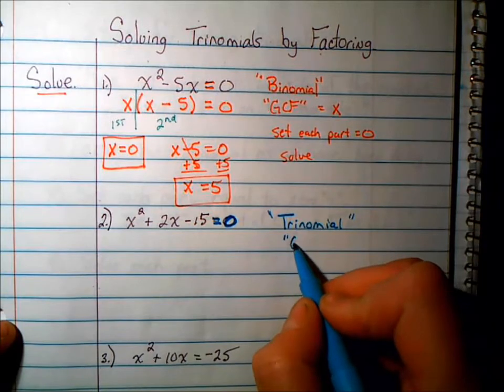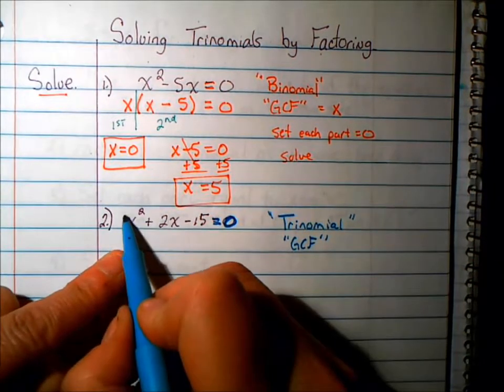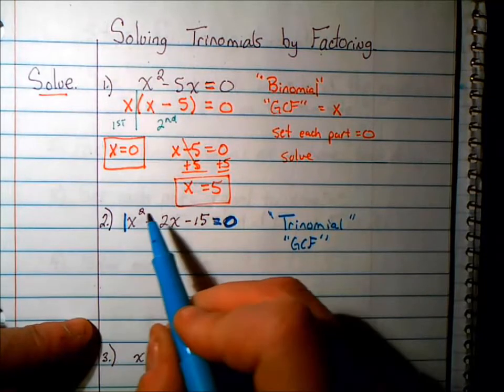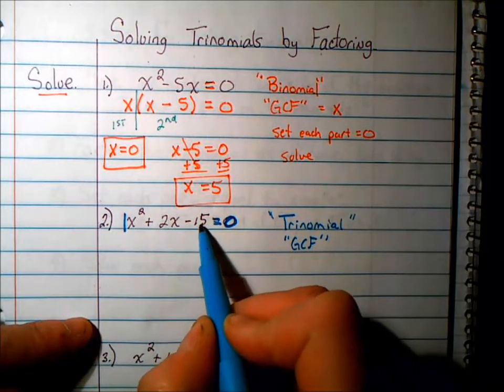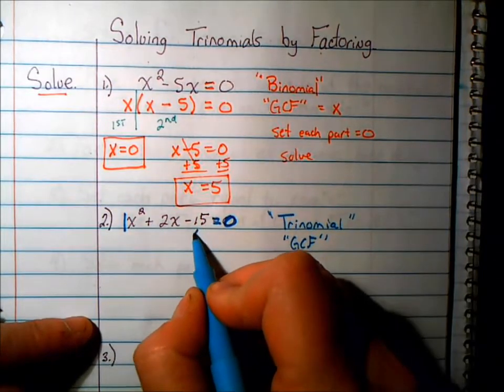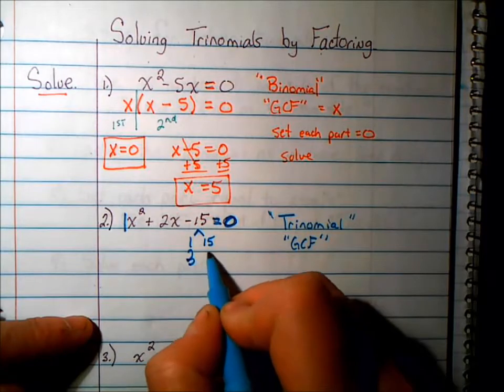I need to check to see, is there a GCF? If I'm looking at this, I have an understood 1 in front of the x squared. Here's a 2 and here's a negative 15, and factors of 15 are 1 and 15, and then 3 and 5.